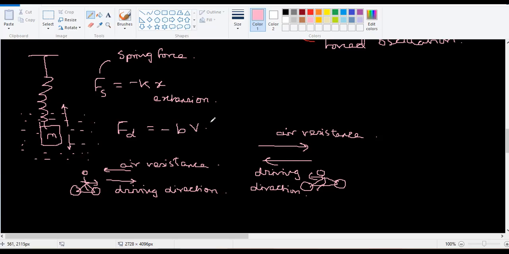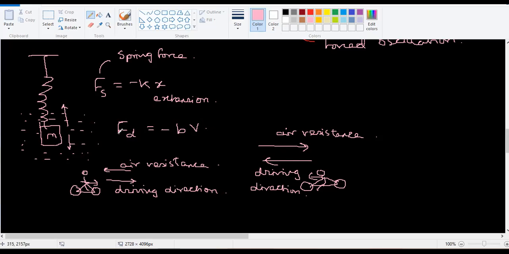What is V? V is the velocity. When you're going at 20 km per hour, you don't feel that much air resistance. When you're going at 60 km per hour, or 80 or 100, as the speed increases, what do you observe? You will be feeling more and more air resistance, right?